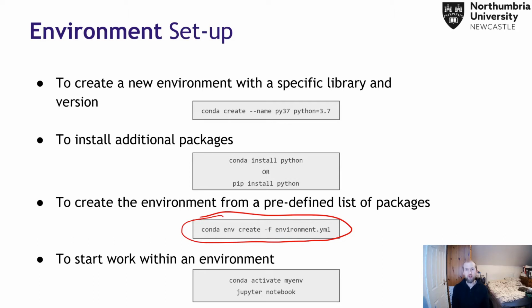The benefit of that is that this way you can guarantee that everyone is working from exactly the same libraries. I remember when I was just starting off with machine learning, and I was in a group of 3, and we were working on one system, which then stopped working. So we tried to convert all of our code onto a new system, but somehow our accuracy had dropped by about 20%, which is a massive accuracy drop.